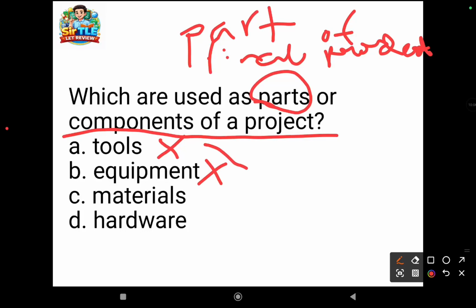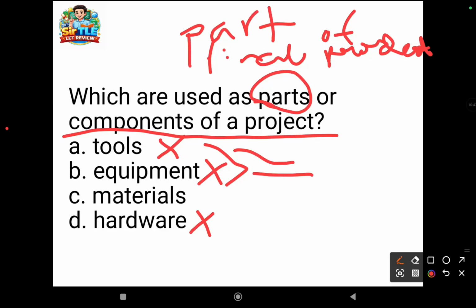The difference between these two: a tool can be used with our bare hands, while equipment needs some help from electricity or gas. So it can't be operated using only our bare hands. Letter D, hardware. No. This is not the answer.